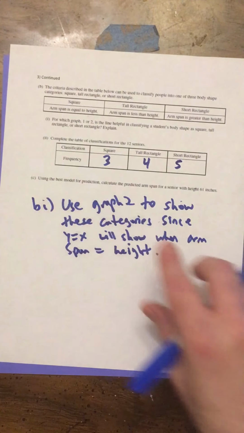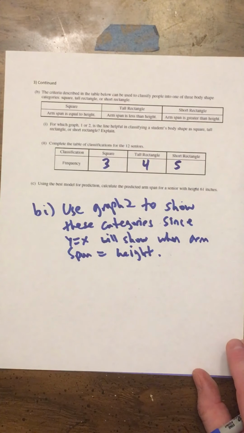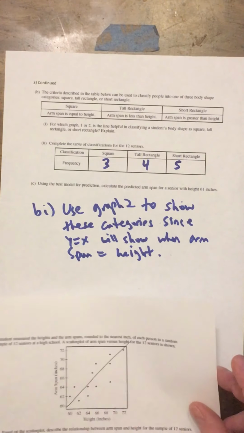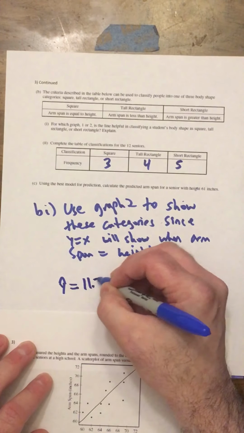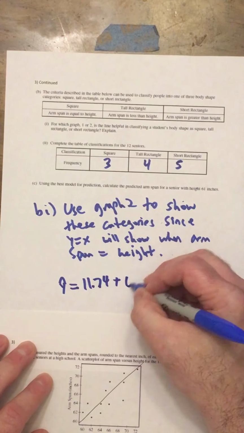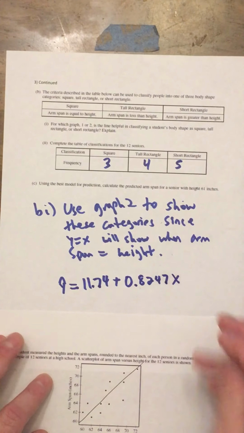Okay, using the best model for prediction, calculate the predicted arm span for a senior with a height of 61 inches. Now they gave us the formula, or the regression line, to do that. They didn't put context in here because they told you what everything was representing.